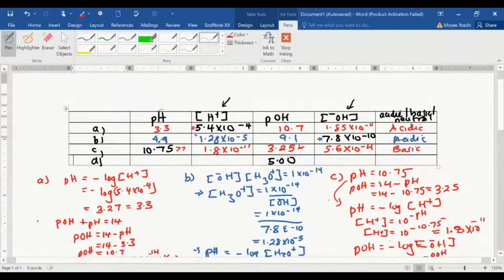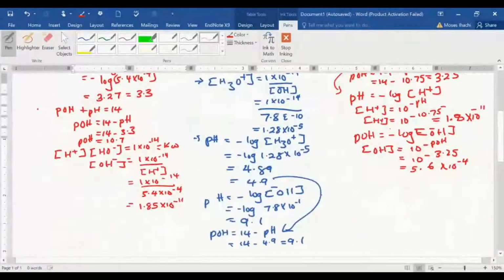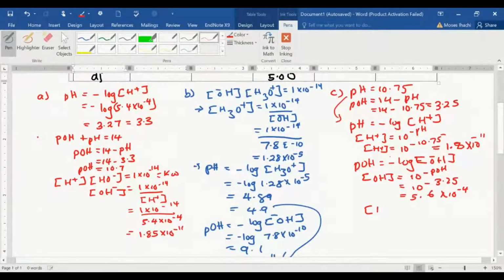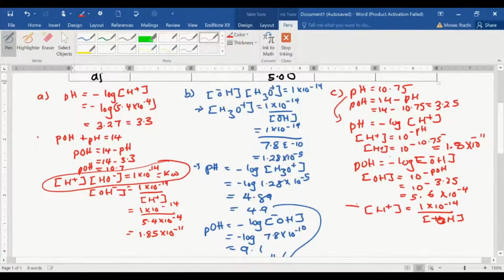Another way to get it is to say the concentration of the base equals 1 times 10 to the power minus 14 divided by the concentration of the acid. This is just another formula. If you rewrite this formula, you're going to get this. So I'm going to prove that the answer I got before is correct.